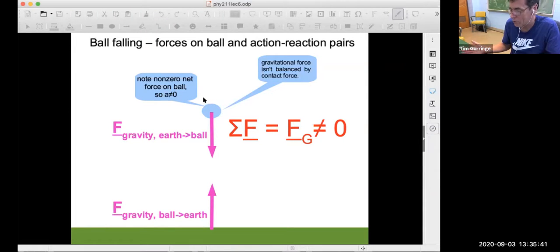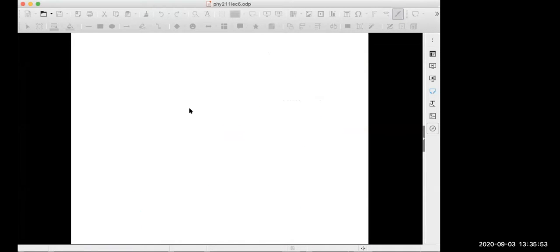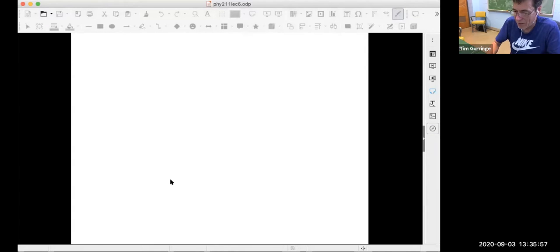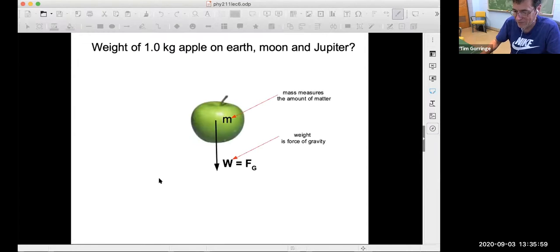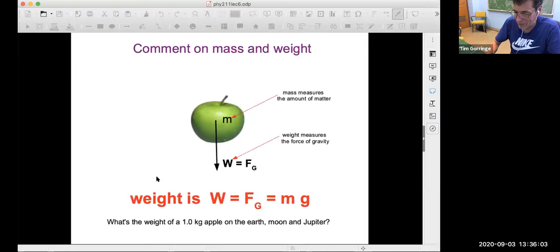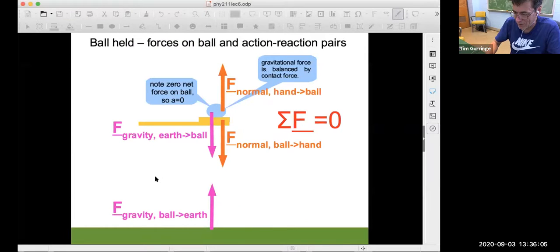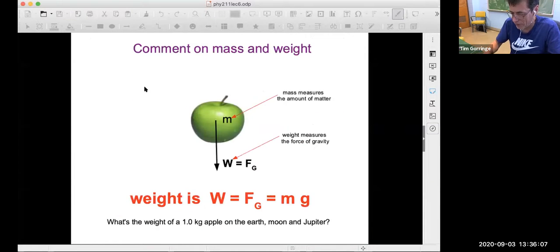So what are the forces here, and what are the action-reaction pairs here? Well, in this case now, the only force that's acting on the ball, oh crap. Here we are, sorry.